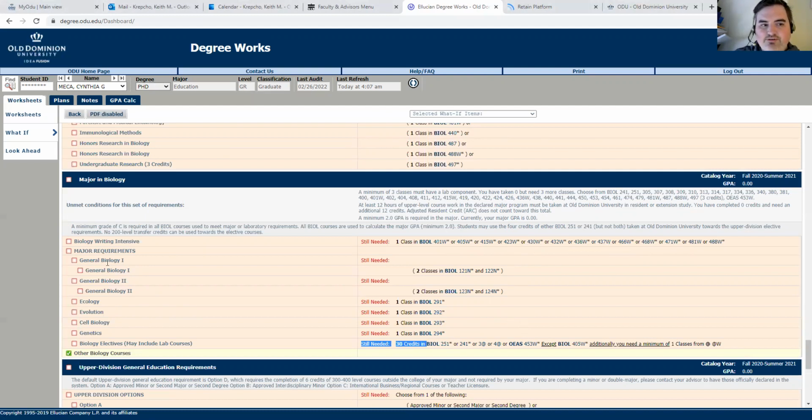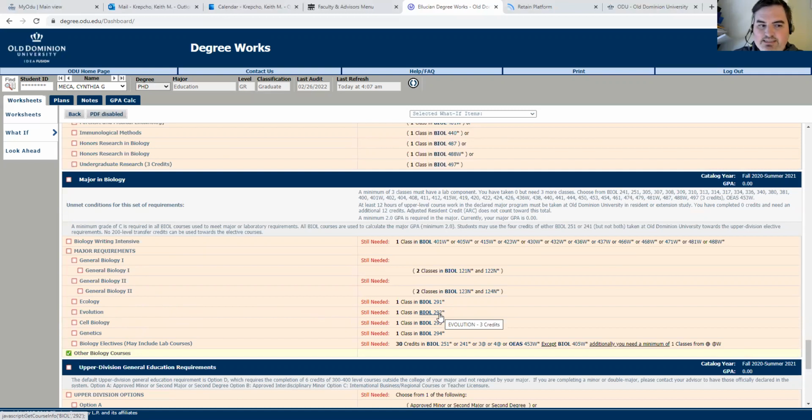Below that, you have your major requirements, prereqs, the general Bio 1 and 2, which would need to be completed before you can move on to your biology core classes. These are prerequisites for a majority of those labs. Ecology and evolution would be more for students interested in animal science, ecology, conservation.